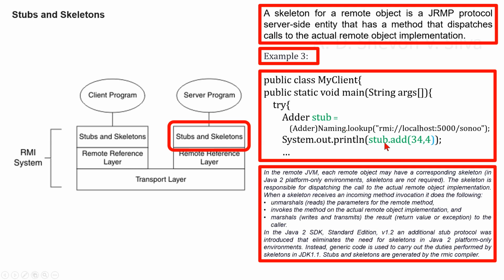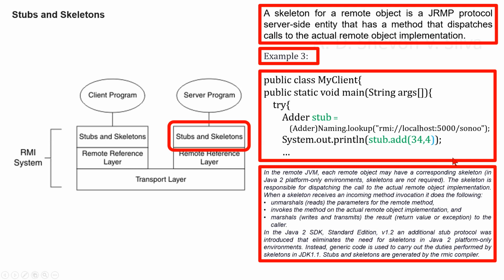In the remote JVM, each remote object may have a corresponding skeleton. In Java 2 platform only environments, skeletons are not required. The skeleton is responsible for dispatching the call to the actual remote object implementation.